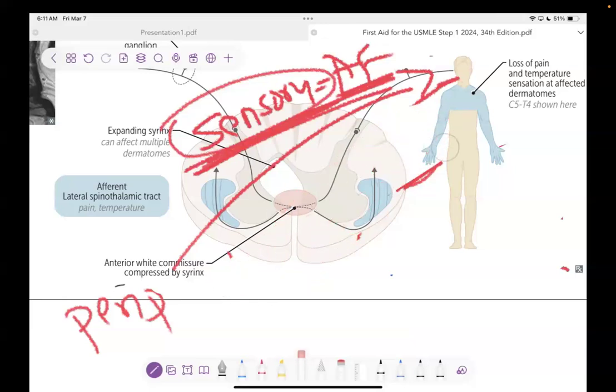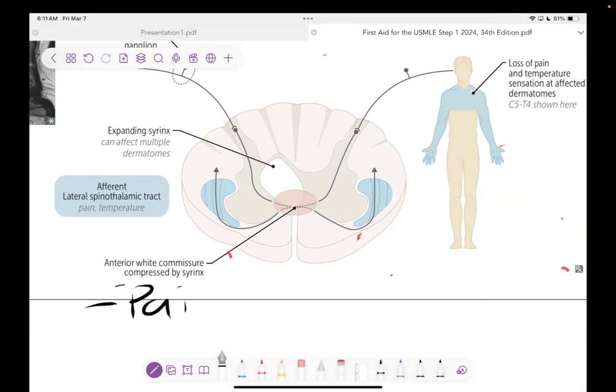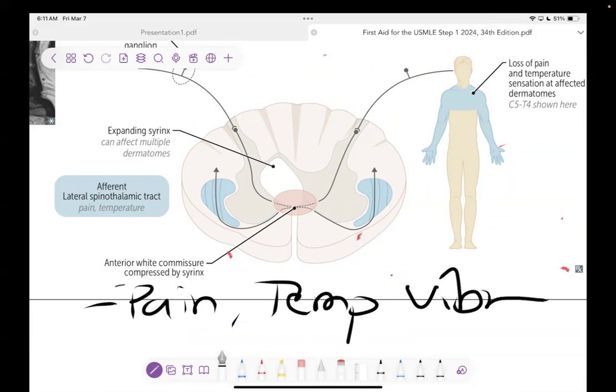Now let's do the sensory information. Whenever we say sensory information like pain, temperature, vibration, all of these are taken from the periphery, right, with the nerves, and these nerves cannot go to the brain by themselves.